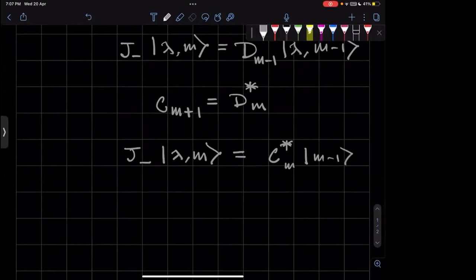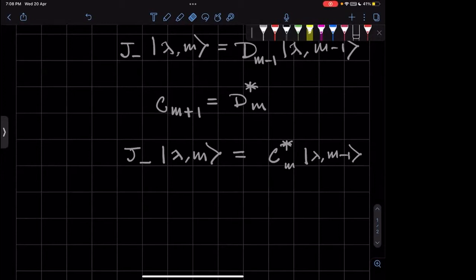Sometimes I'll forget to write the lambda eigenvalue, because as long as we are in a given irreducible representation, the lambda eigenvalue is the same for all states. Is that clear? That for an irreducible representation, lambda is the same for all states? Because of Schur's lemma, exactly. Because of Schur's lemma, the lambda eigenvalue is just a J squared eigenvalue.